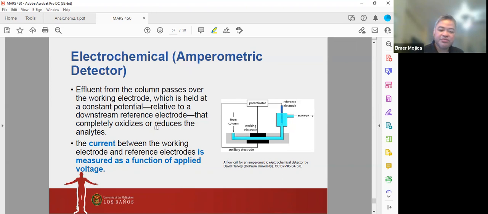If your analyte is completely oxidized or reduced, you generate a current between the working electrode and the reference electrode, and you measure this as a function of the applied voltage. So this is, we could say, putting electrochemistry in HPLC, because HPLC is really just a separation technique.